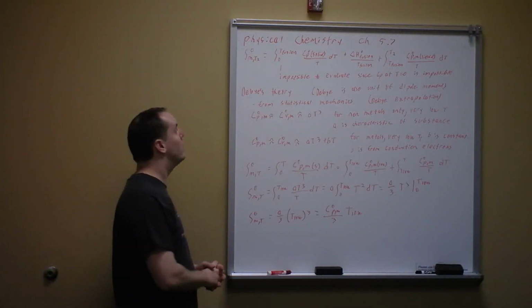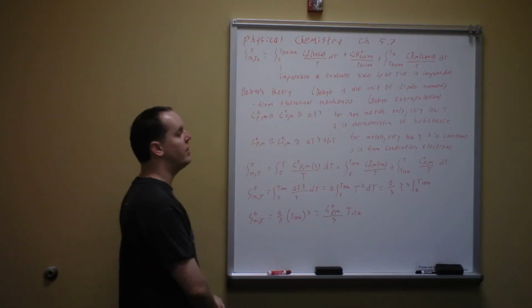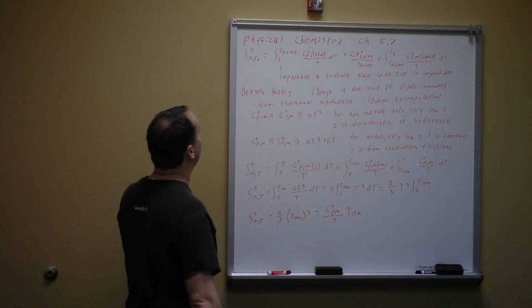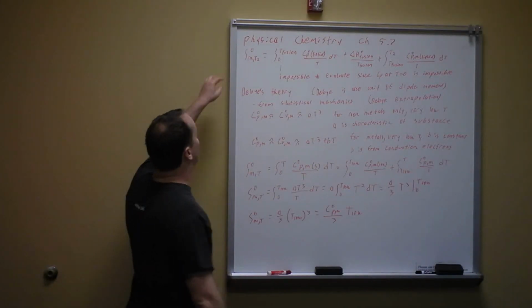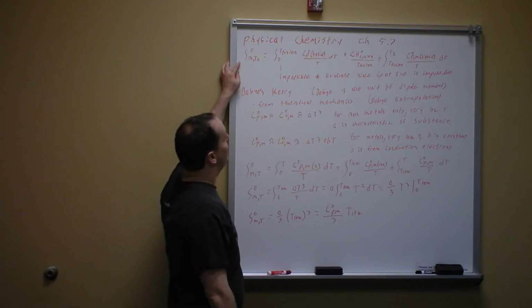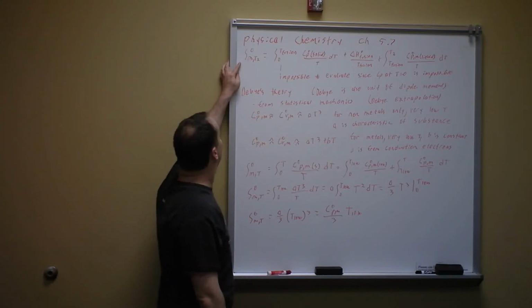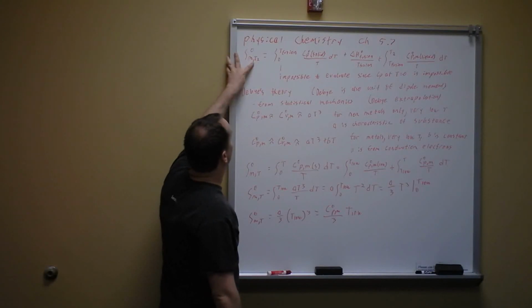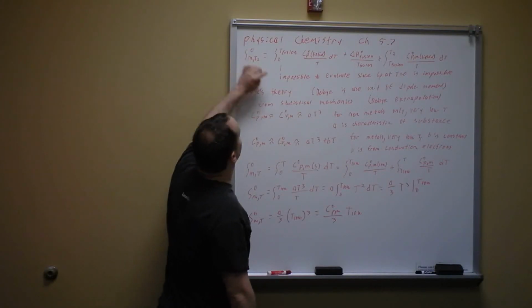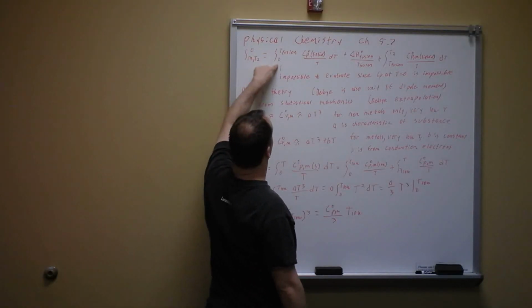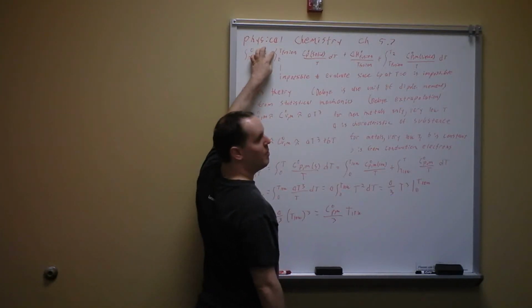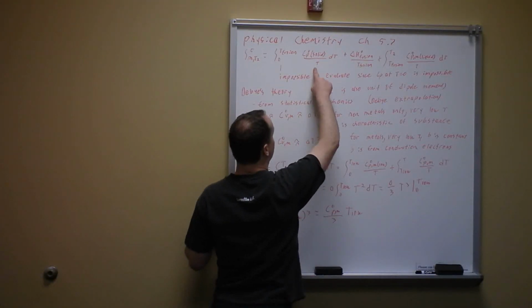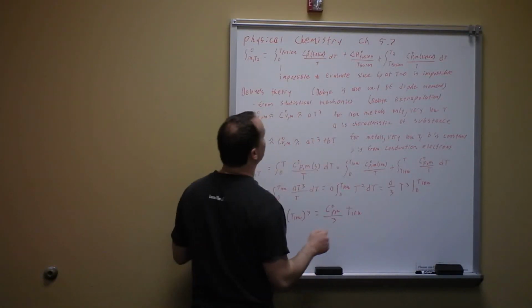Okay, we're continuing physical chemistry, chapter 5, section 7. So we're finding the absolute entropy of a substance. So let's say we have a liquid and we want to find the absolute entropy. Then what we have is the molar entropy at temperature T, standard state, is going to be equal to the integral from 0 to the temperature of fusion, that's the melting point, of the heat capacity of the solid form divided by temperature with respect to temperature.